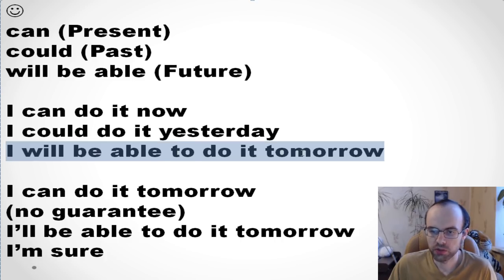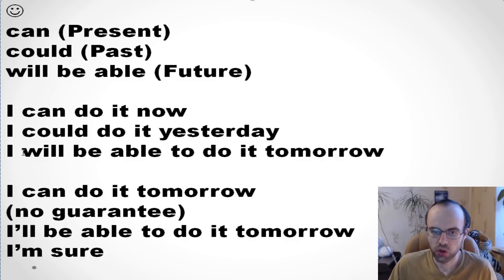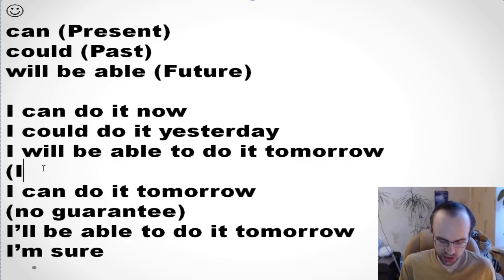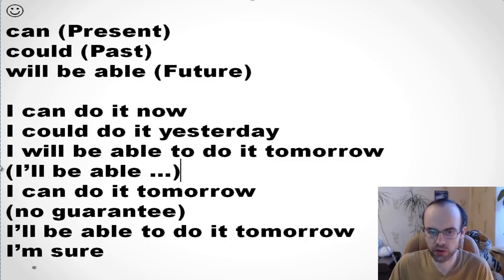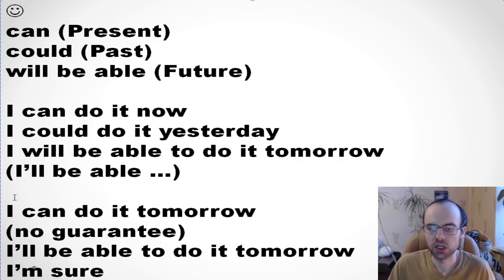And when we talk about the future, we use this structure. Remember, will be able. I will be able to do it tomorrow. Or we can use its short form, I'll be able to do it tomorrow. Okay, really, it's a very useful expression.